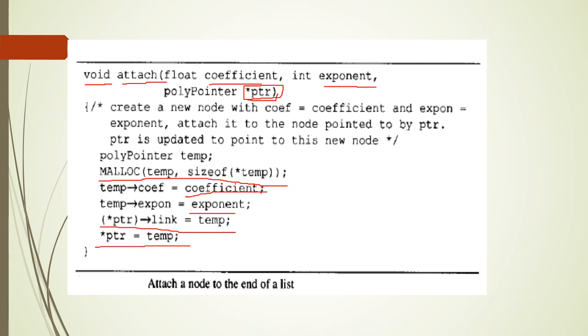Ptr is pointing to the last node. So once this term is attached, the node which contains the new term becomes the last node. That last node pointer will be updated: ptr is equal to temp. So this is how we can add the term to a resultant polynomial by using the attach function.